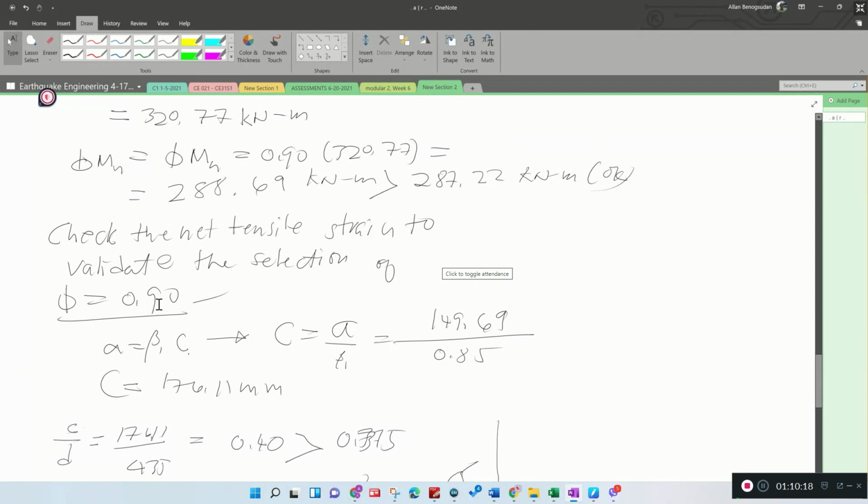So now you are not yet done because you need to know whether the phi that you assume is 0.90. It might be that you are thinking, I think I'm correct. So when I ask you, after you did the computation or the solution to the problem, are you confident? Of course, you are not confident if you didn't know, because you did not know what's going to happen.